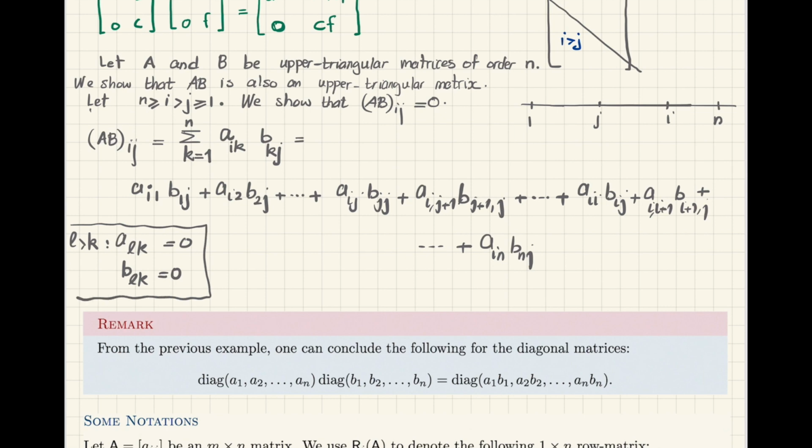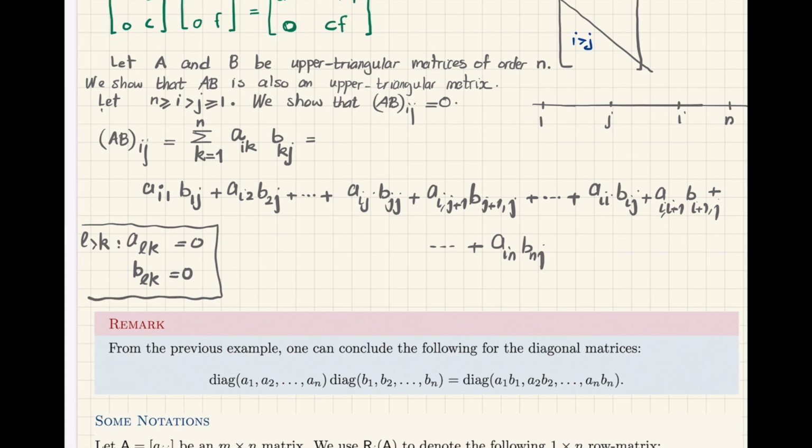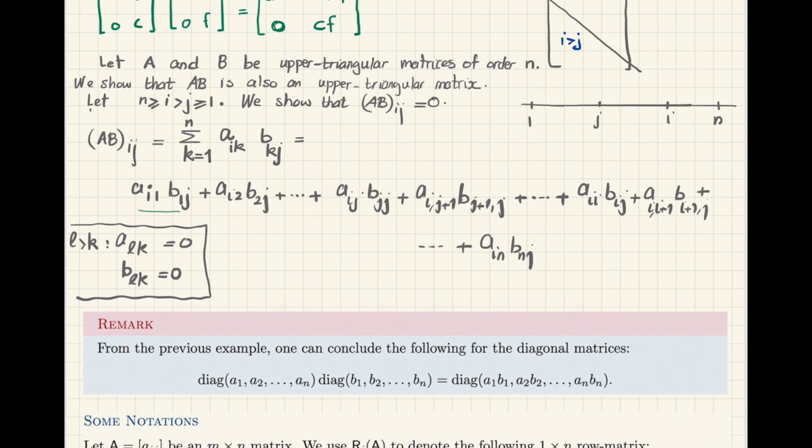So let us see which one of them are gone. So what do you think about the first one? Is it 0 or not? Because I index here is bigger than 1, so this is 0, this is 0. Still this is 0 because still I is greater than j.